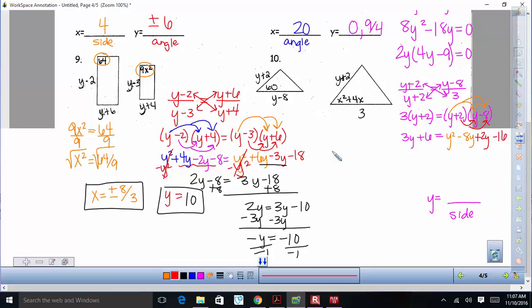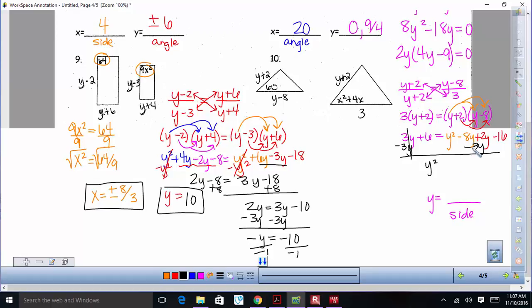Okay, so it looks like we're going to have to factor. Let's go ahead and start moving everything to one side. Do I want to move all 4 of these to the left or these 2 to the right? These 2 to the right. So we are going to subtract 3y to get rid of it over here. I'm going to bring down y squared.